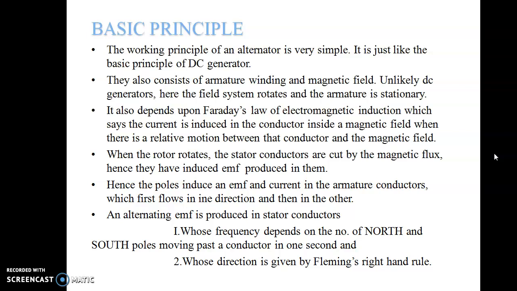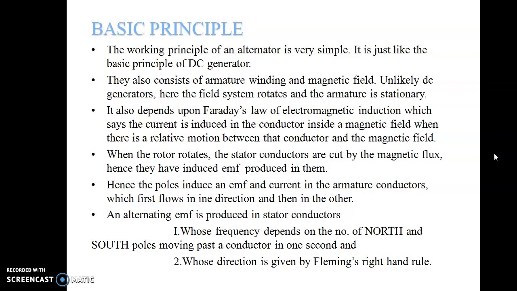Listen very carefully, students. In case of your DC generator, the armature was rotating and the field was stationary. But in an AC generator, the field system rotates and the armature is stationary. What is the reason? We have already discussed it in the previous slides.